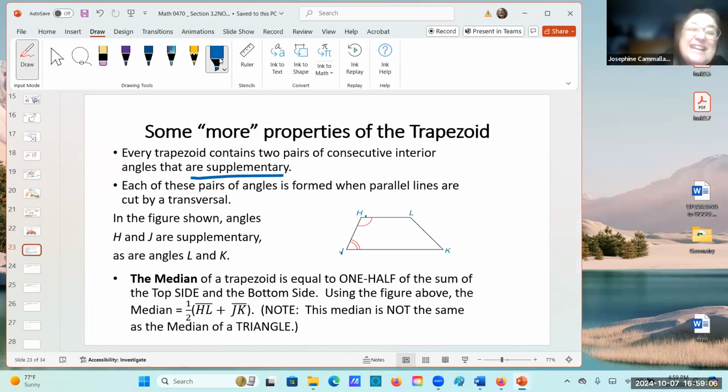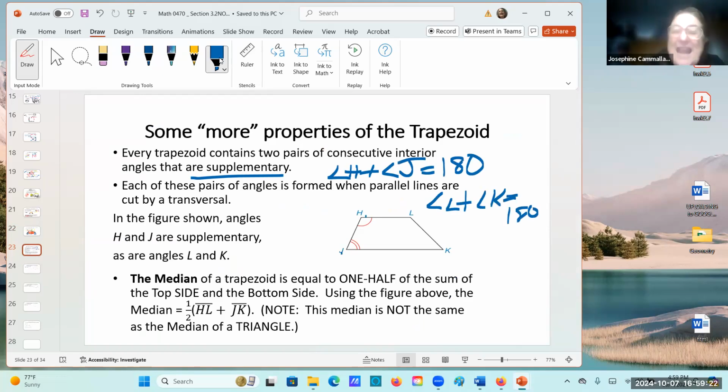H and J. Angle H plus angle J is 180. Angle L plus angle K has got to be 180. But H and K are not the same value. Opposite angles. This is the only quadrilateral where opposite angles are not equal.